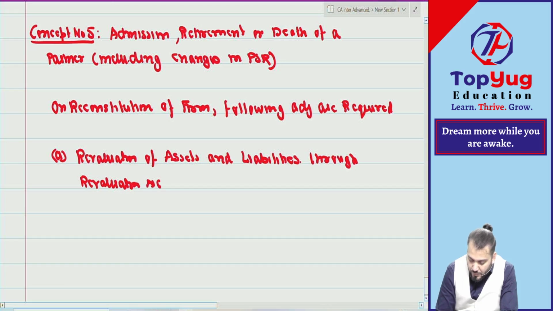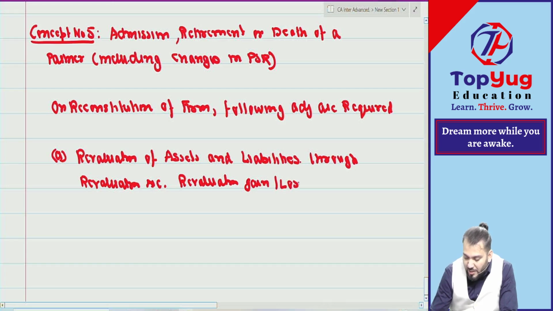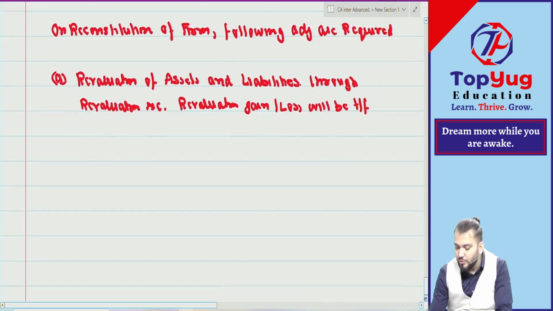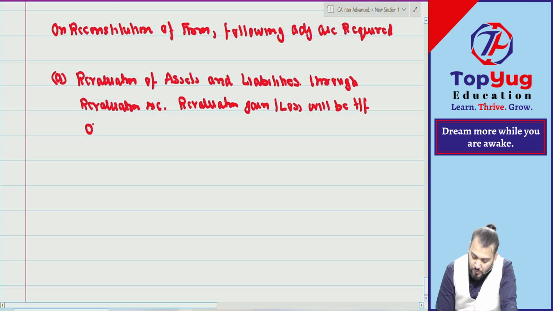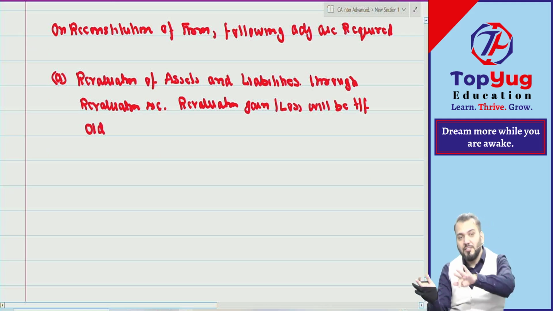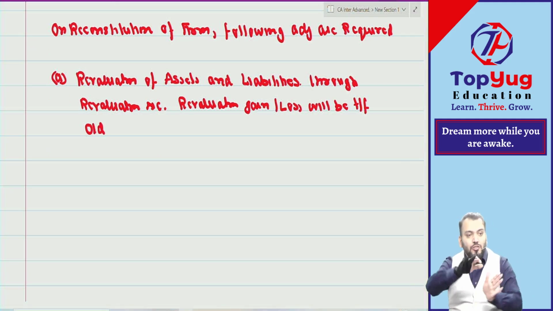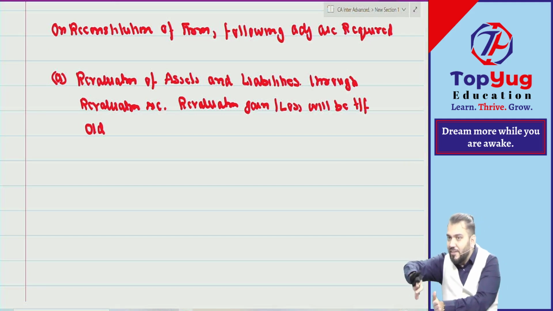Correct. Tell me, any revaluation gain or loss will be transferred to whom? Will be transferred to which partner? Old partners, new partners. When I say old partners means before reconstitution. New partners means after reconstitution.